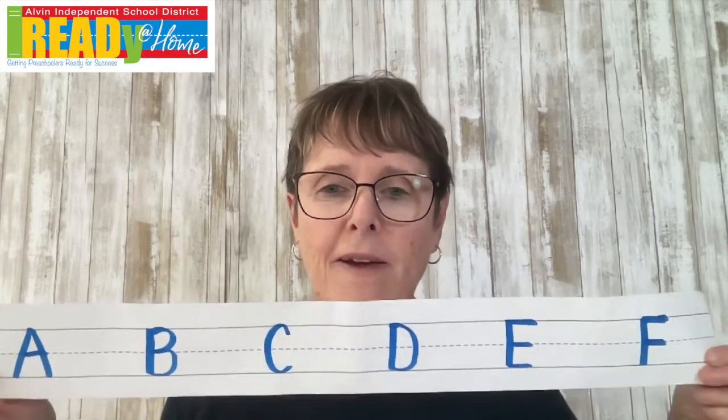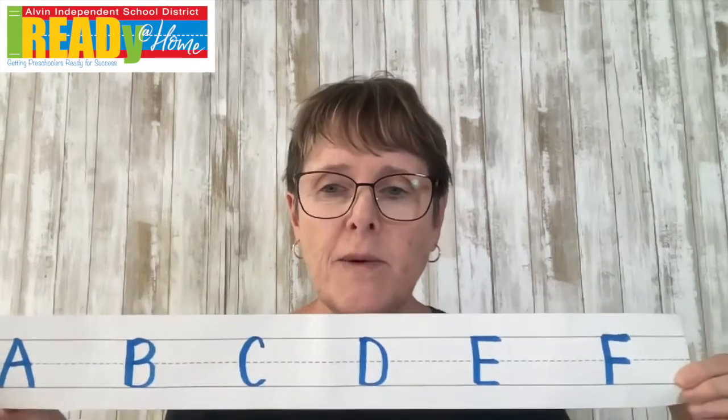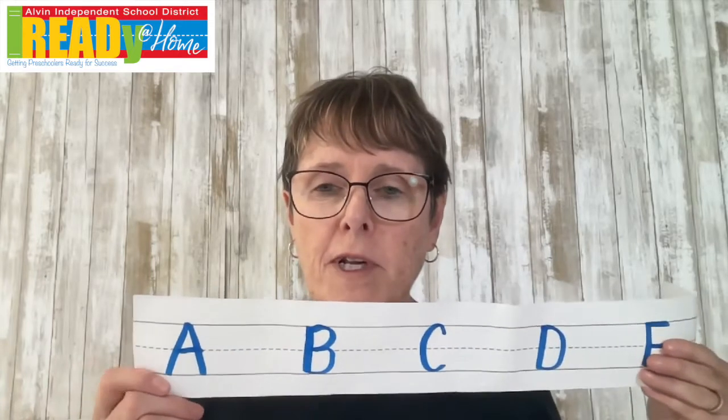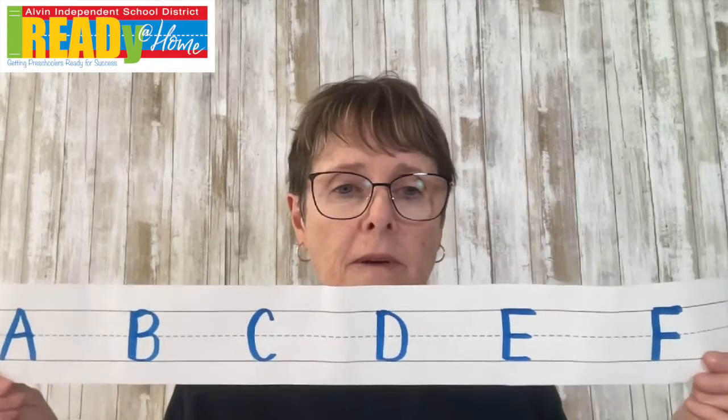Again, wherever your child feels comfortable, and there's a variety of things you can do with this instead of just matching upper to lowercase. Again, if this is frustrating and just opening up that clothespin is difficult, you can start with just the first 3 letters and add as you go. Do it where your child still wants to do the activity and doesn't get too frustrated.